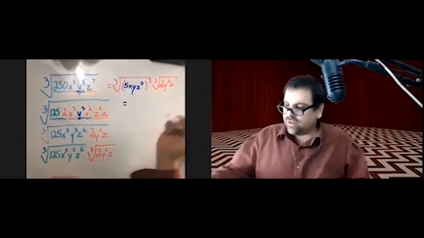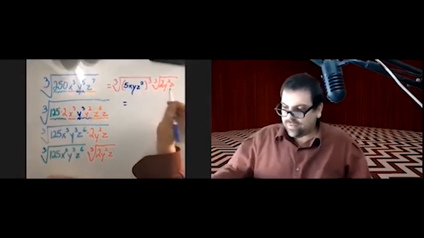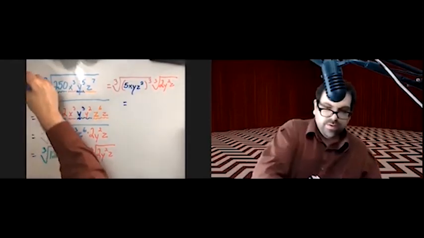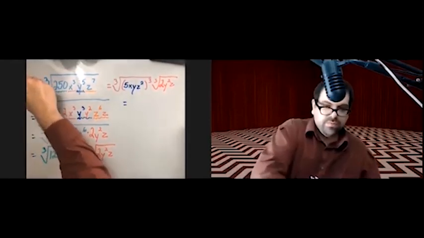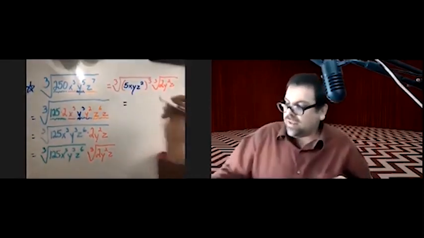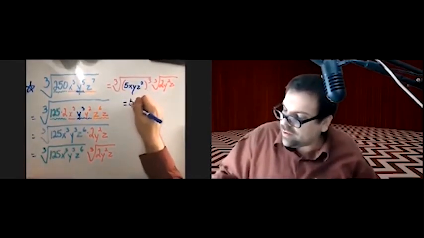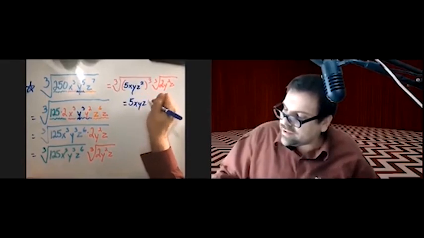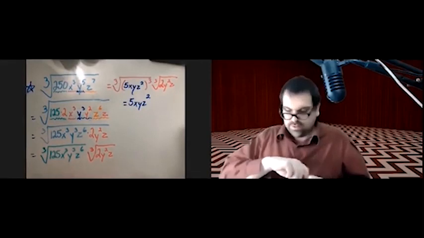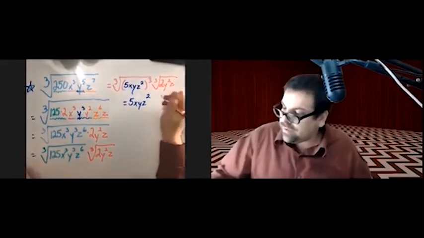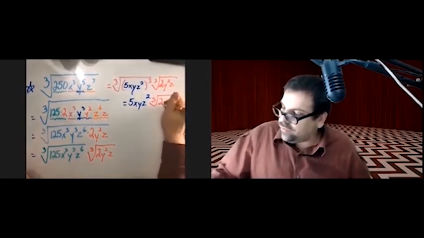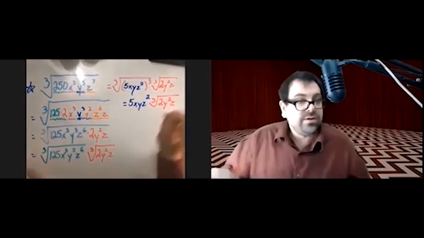So our answer, and again, this should just be our original problem, line 1, line 2, line 3, line 4, and then line 5 here, 5xyz squared times the cube root of 2y squared z.